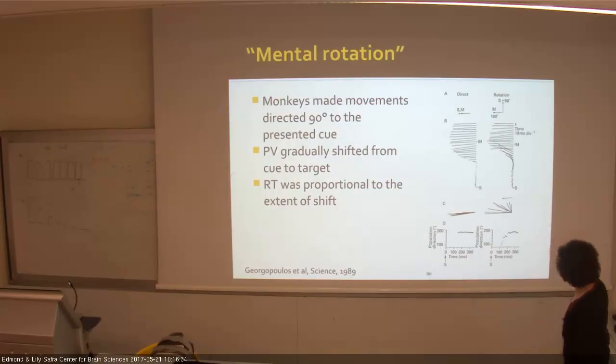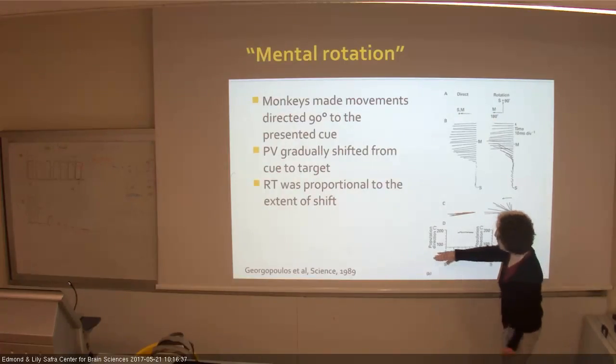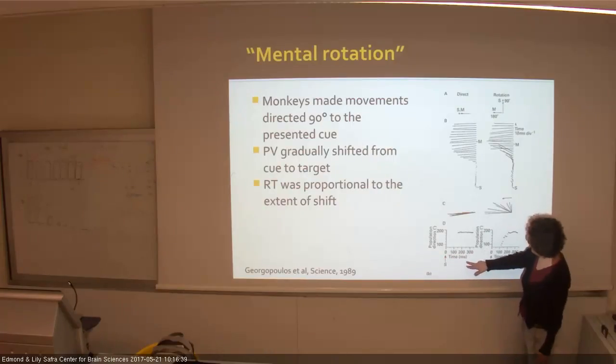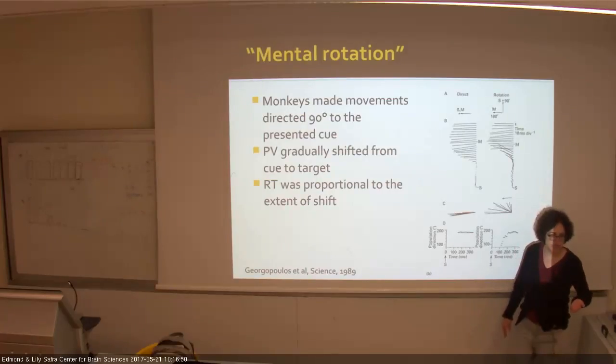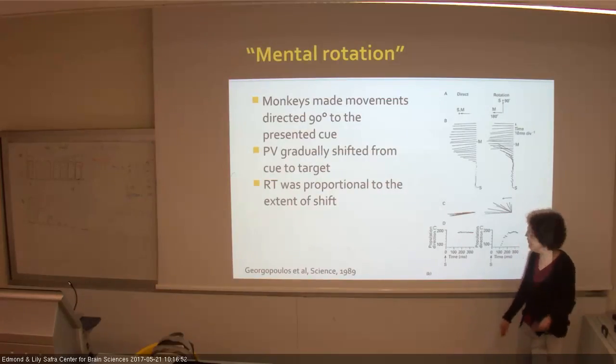Okay? And you can see it here. This is the population direction. Okay? And you see that in the direct trials, already soon after cue onset, the population direction is already pointing to the direction of movement, which is also the direction of cue.